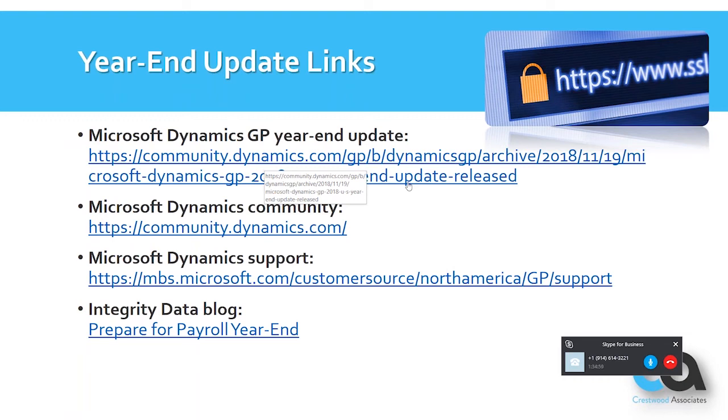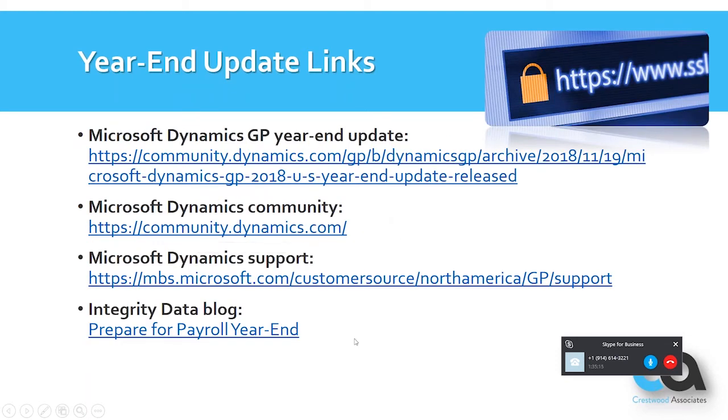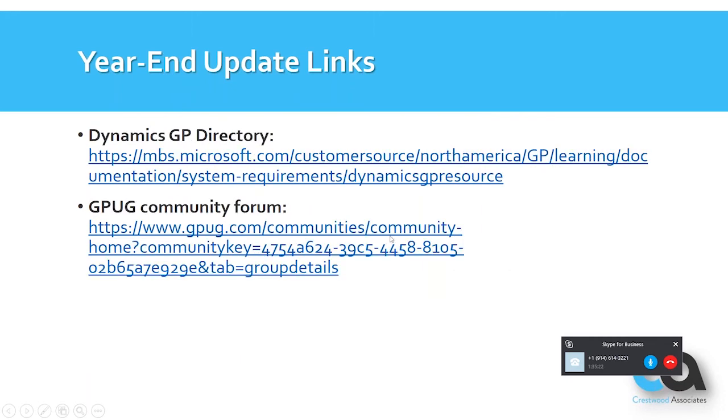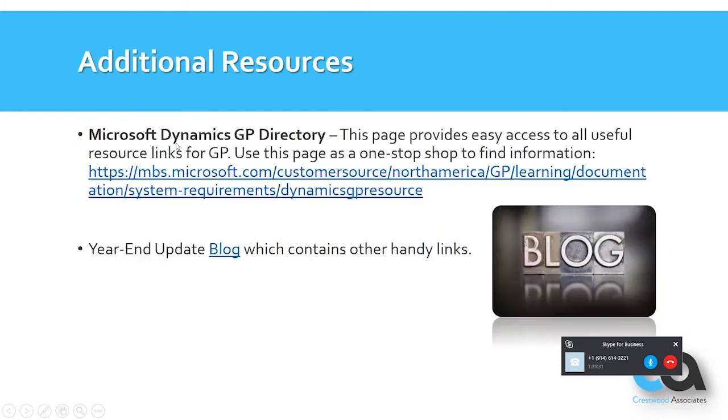So if you do decide that you want to install that year-end update, you can do it from here. We'll have some references just to some other areas that might be helpful to you. So there's just some websites related to support and some blogs and everything, the Dynamics community website. And then these are some articles related to the year-end closing process. Wanted to reference any of those.